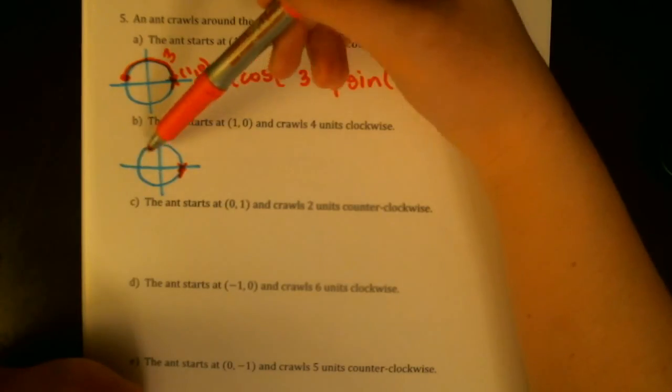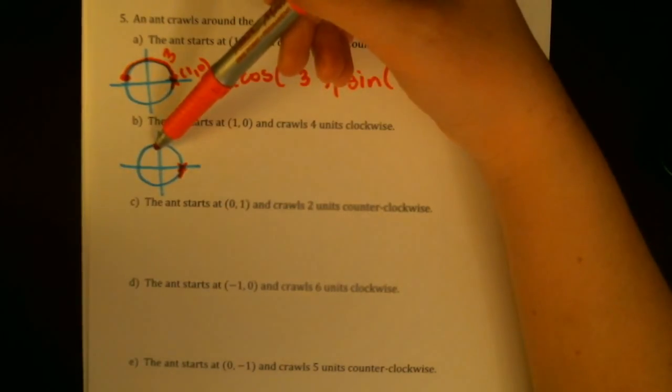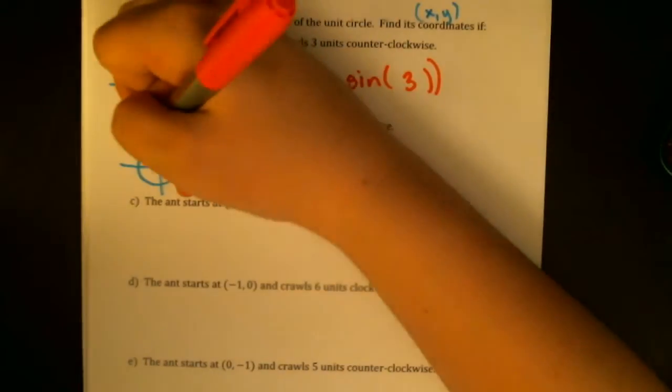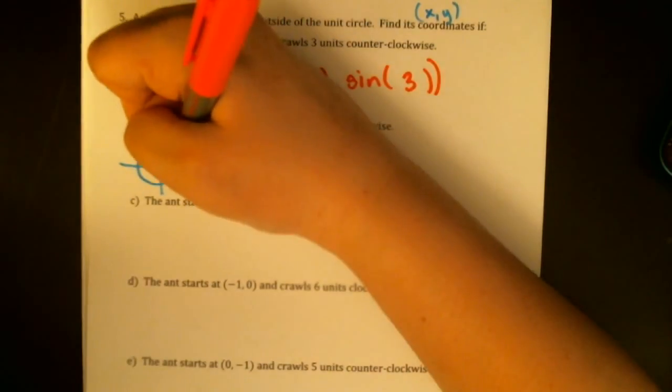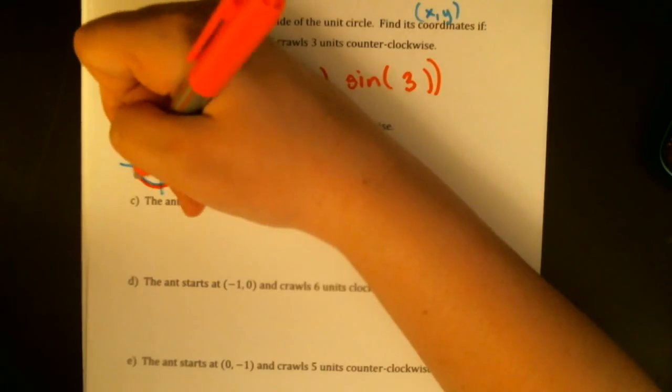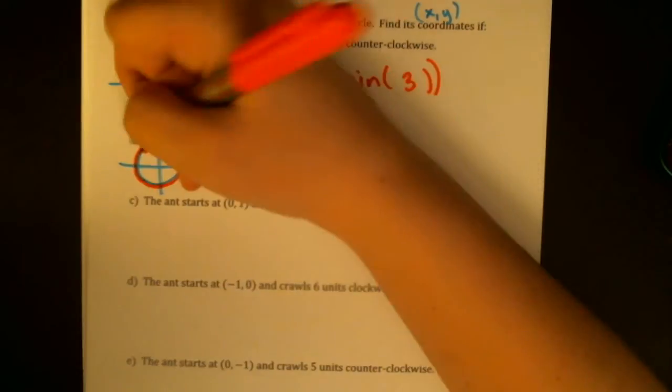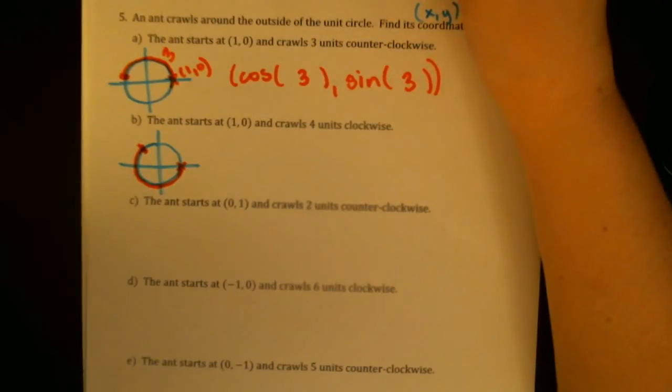So this is 3.14, this is 4.7-ish. We want to go 4 units. So I'll say somewhere right around here in quadrant 2 for sure. And you don't have to be exactly spot on with this, but just a general idea where the location is good. So this is what the ant's path looks like.